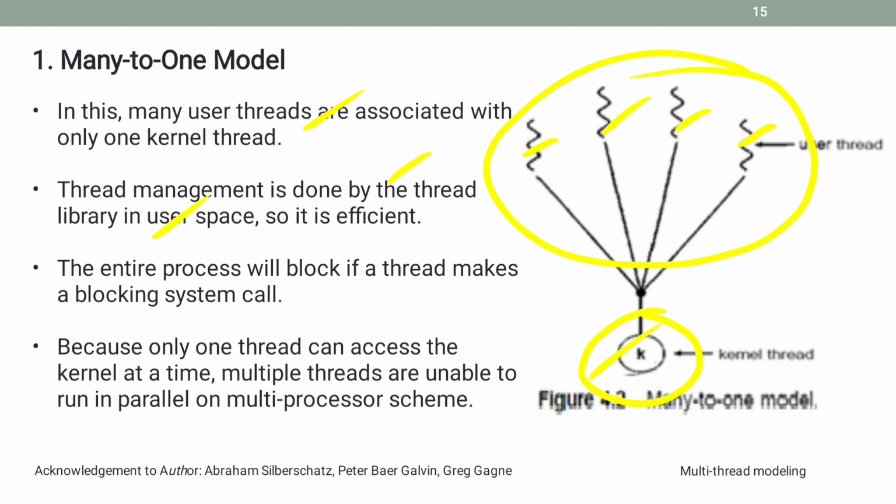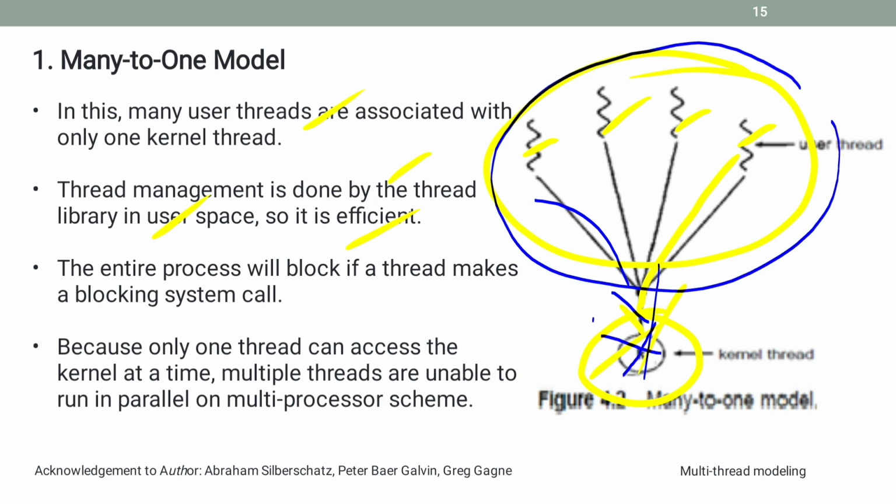That is done by the user only, hence controlling is efficient. But if any thread makes a blocking system call, then the kernel is blocked, hence the entire process will also be blocked. That work will not be done because all the threads belong to one process.